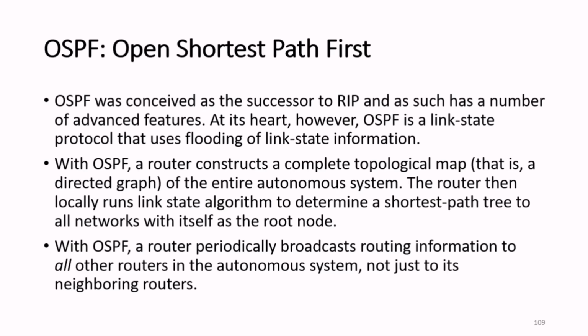So each router has the complete map of the network system. The router then locally runs a link state algorithm to determine the shortest path tree to all networks with itself as the root node. With OSPF, a router periodically broadcasts routing information to all other routers in the autonomous system, not just to its neighboring routers, compared to RIP.